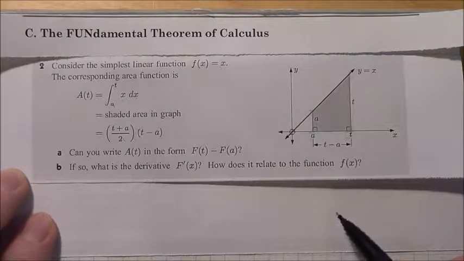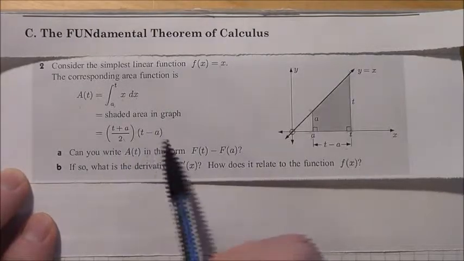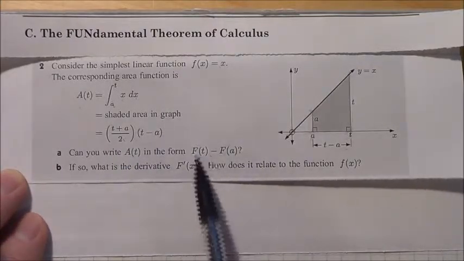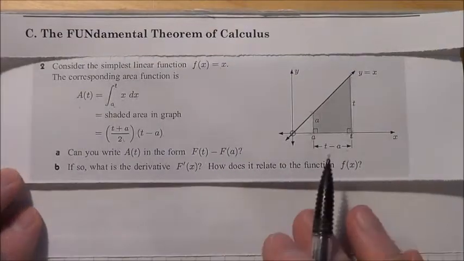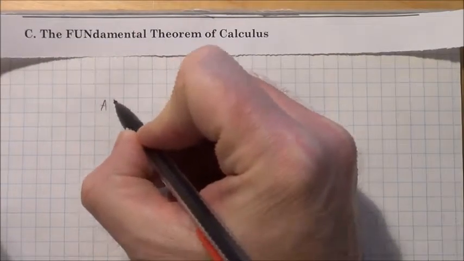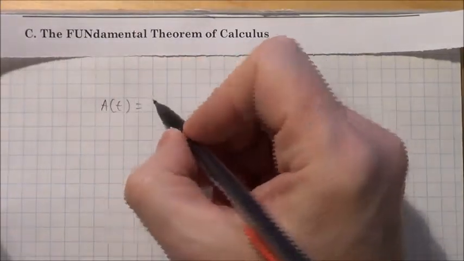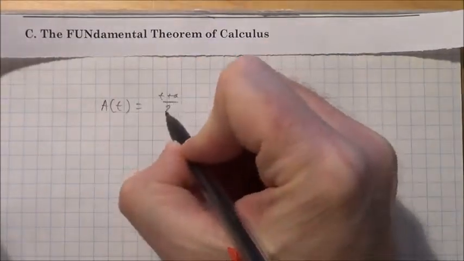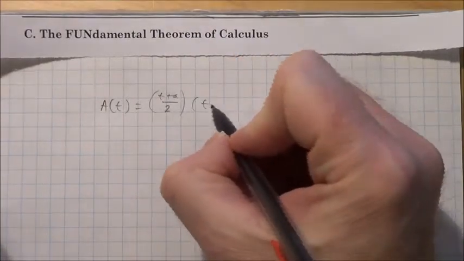Okay, so what we can do is we can now expand this out to write it in this form, F of t minus F of a. So if we look at that, we can say A of t is, I'll just rewrite this, (t plus a) over 2 multiplied by (t minus a).